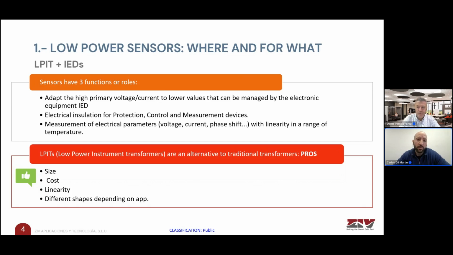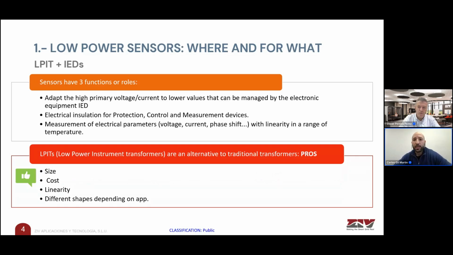The low power instrument transformers have a list of benefits against the conventional or traditional transformers. The first one is the size, normally they are smaller. The costs are cheaper. We have more linearity in a range of temperature. We don't have saturation or hysteresis in terms of voltage dividers.